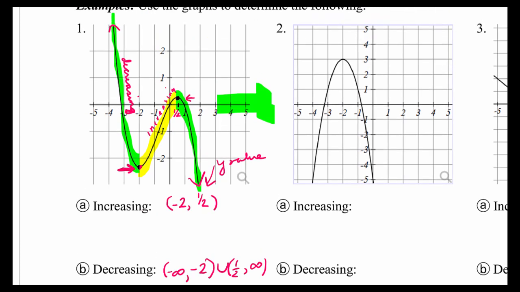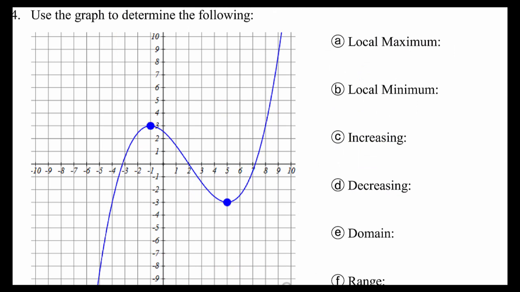Okay, let's look at another example that's similar. Take a look at this example, which is example number 4 in your class notes. And I skipped over the other two because this one's similar to the last one. So I thought you would get a good feel for this. So this time around, we're being asked to find a local maximum.